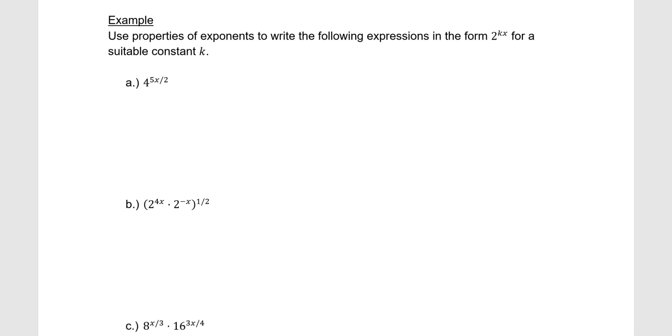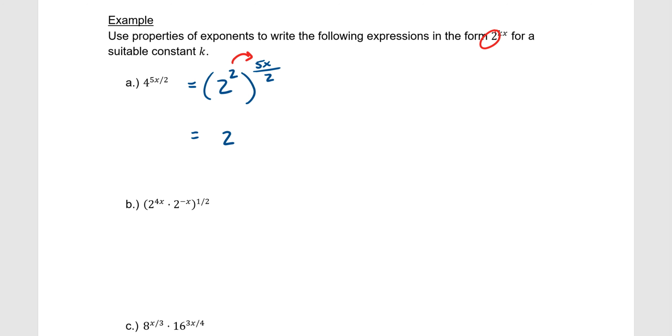For the first one, we have 4 raised up to the 5x over 2. So for this one, in order to write this as a base 2, we have to rewrite 4 as a base 2. We know that 4 equals 2 squared, which is base 2. And then using the rule where it's a power to a power, you have to multiply these two exponents.